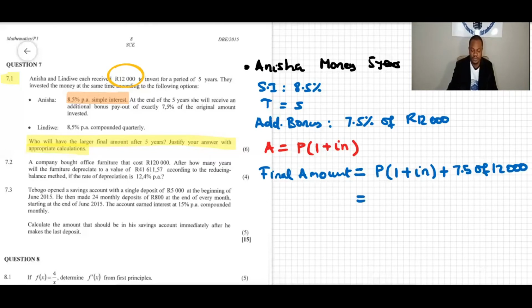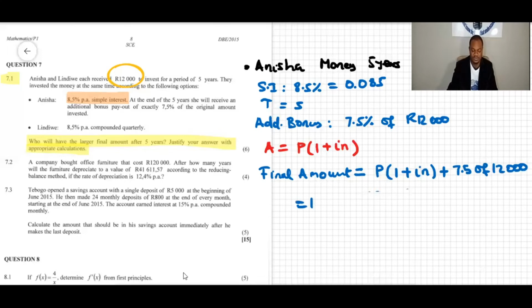So the final amount here for Anisha will be the principal, which is 12,000. This is the principal, the same as the original money. 1 plus I, the interest is 8.5%, which is 0.085. Because of space, I'm going to write it over here.